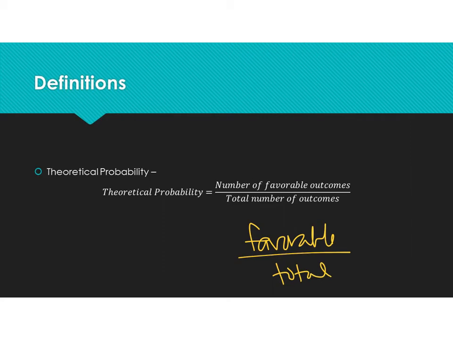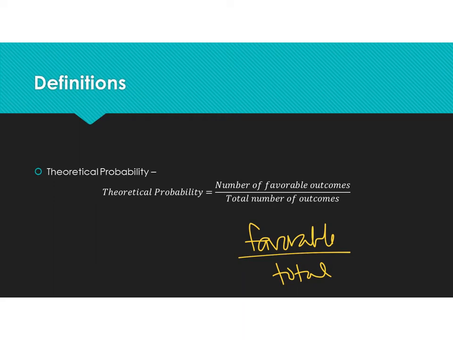Theoretically, if I roll a die, I have a 1 in 6 chance of landing on any of those numbers. If I toss a coin, I have a 1 in 2 chance of landing on heads or tails. So if I tossed a coin 50 times, I theoretically should land on heads 25 times and tails 25 times. Theoretically, that is not always what happens.